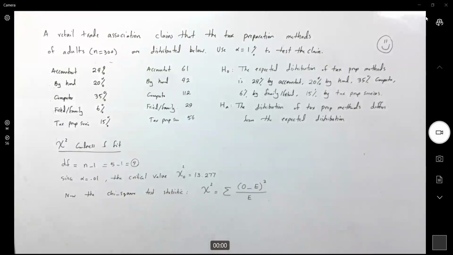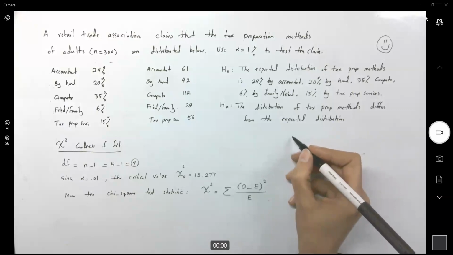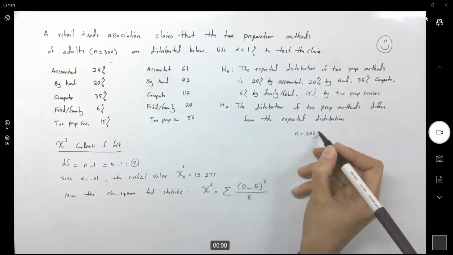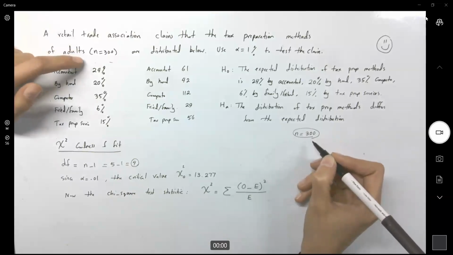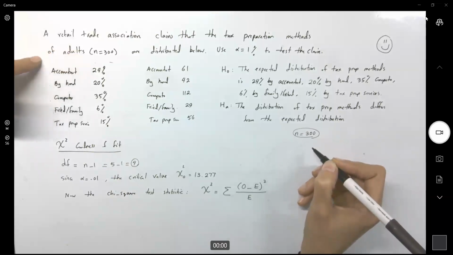So how can I find this? I need to form a table and actually write down the expected frequencies. We know that we have N equals 300 participants here, and we also have the percentage for each category.